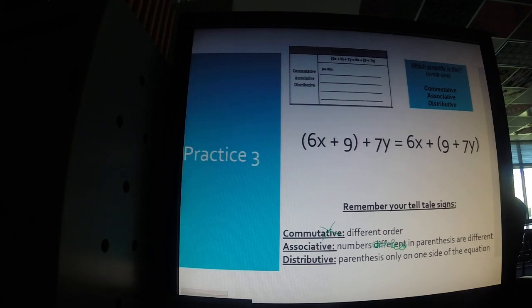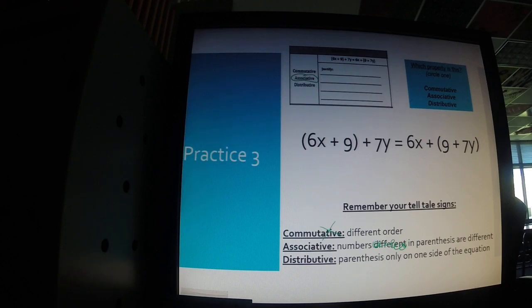On this side, I have 6x and 9 in the parentheses. On this side, I have 9 and 7y in the parentheses. So yes, the numbers that are in the parentheses are different. Therefore, this would be the associative property, and my justification would be that the numbers in the parentheses are different on both sides of the equation.